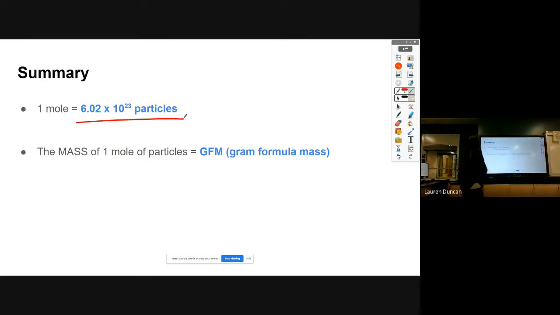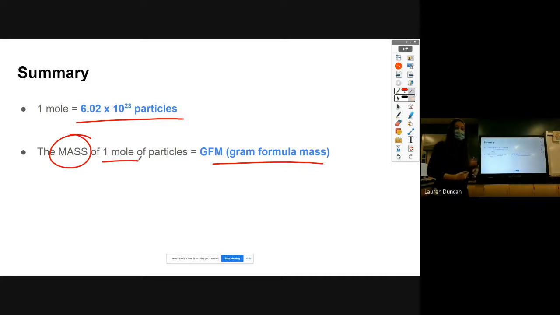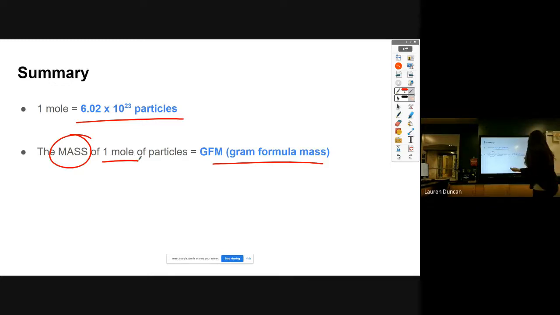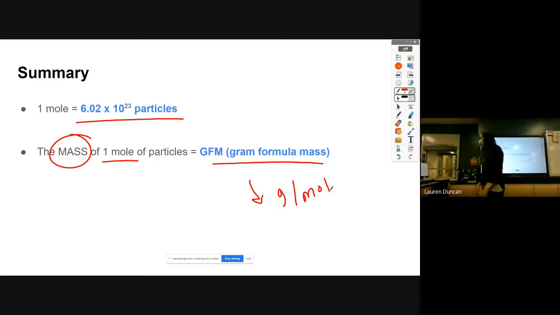What we learned to calculate, the GFM, the gram formula mass, would be the mass of 1 mole of particles of a given substance. Like we just figured out, if we had 1 mole of sodium chloride molecules, 6.02 times 10 to the 23rd of them, their approximate mass in grams would be 58. The units for this are grams per mole. Grams per 1 mole of a substance.